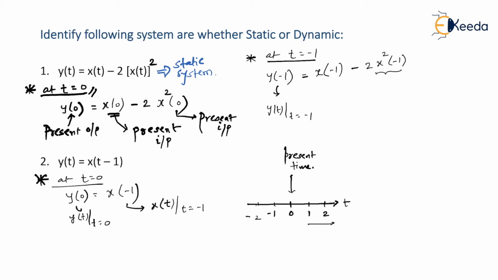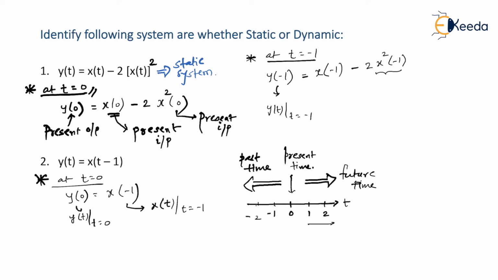Now, whatever time instants are present over here, that is after present time, refers to future time. Is that right? So whatever instances which are present this side, that is left side of the present time, are called as past time. Is that right?